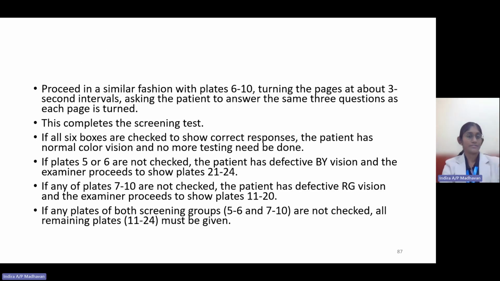Proceed in a similar fashion with plates 6 to 10, turning the page at about 3 seconds interval, asking the patient to answer the same 3 questions as each page is turned. So you have to be very quick in doing this.